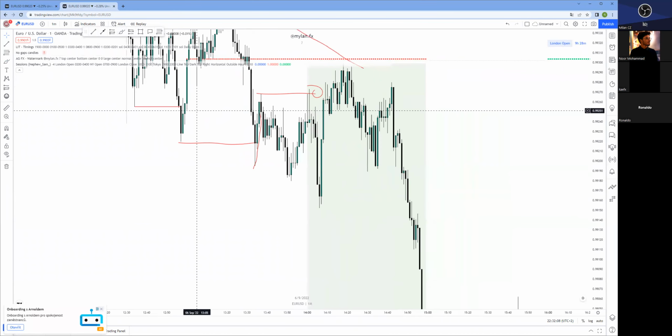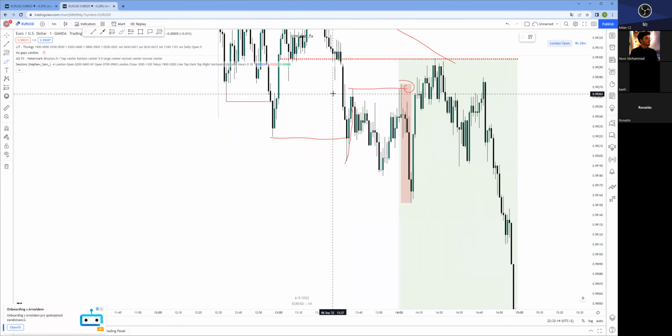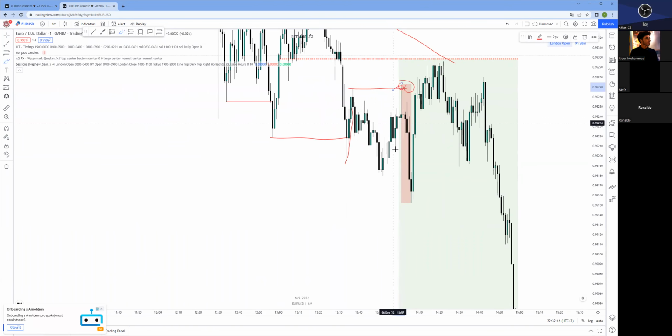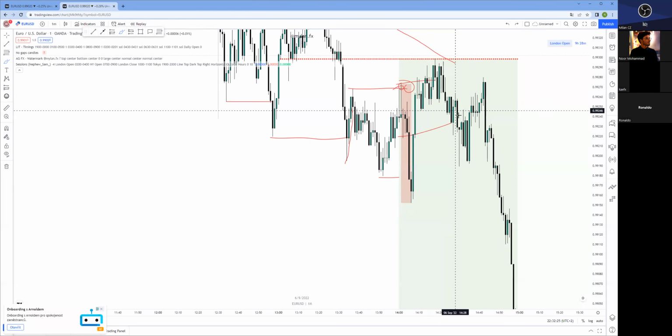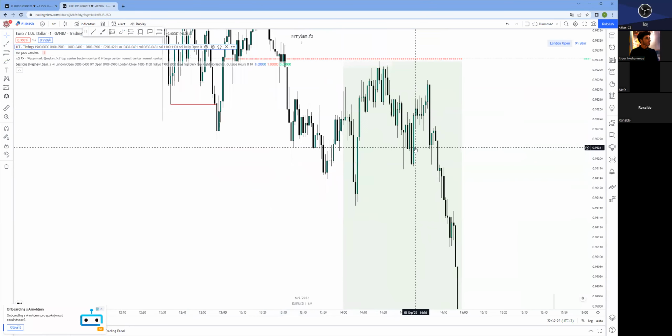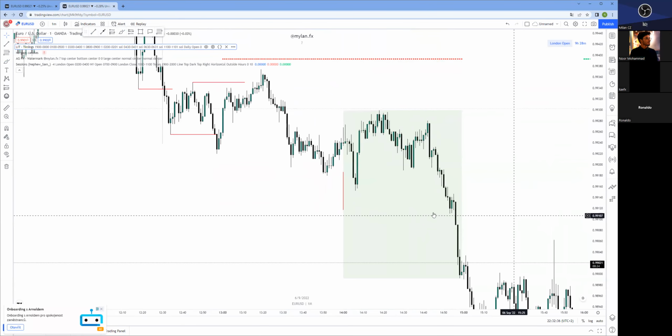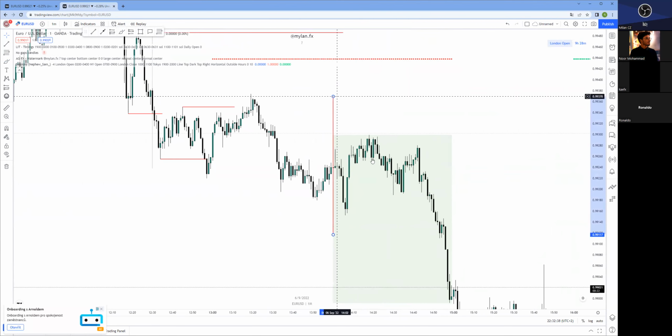And yeah, you see, for example here, first move out of New York, a manipulation to get early stops in, right? We break this range, and SMC traders be like, oh shit, this is my POI. This POI broke this range, and they would hit stop loss. Second manipulation at 8 a.m. This is the fake open, by the way.